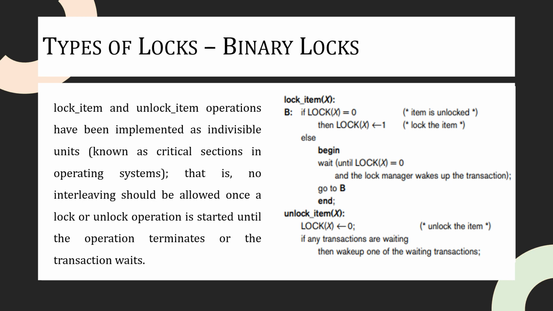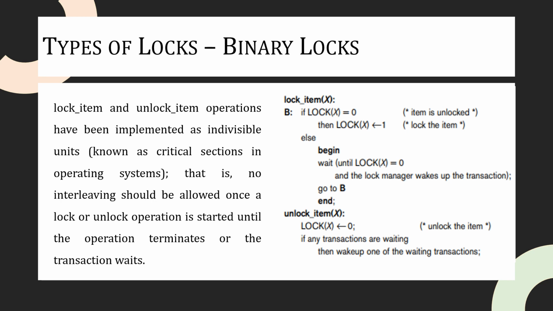Now let's look into the algorithm used in binary locking. As we just said, the two operations in binary locking are lock item of X and unlock item of X. When we issue lock item of X, we need to check the value of the lock variable. If the lock variable on X is equal to 0, then we can access the data item X and we set the value of lock of X to 1.